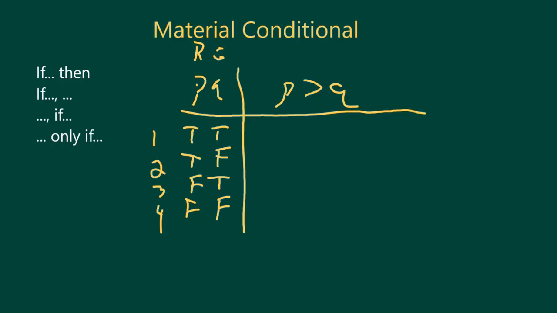So what I'm saying is, I promise you, and this is the way to think about it, that in the situation in which it rains, you're going to find out that the grass is green. And then you can ask yourself, when do I break my promise? Do I break the promise in the case in which it rains and the grass is green? No, I don't break my promise there.